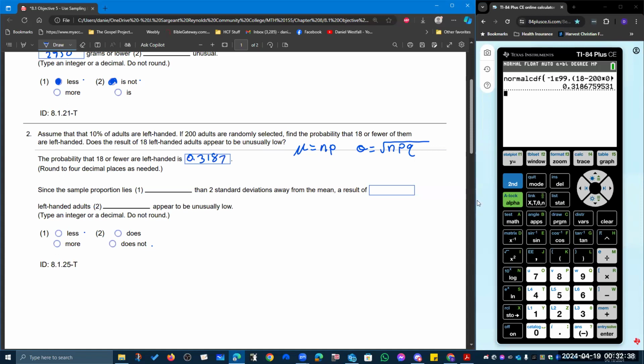And let's do this: 18 minus 20 divided by the square root of 20 times 0.9.